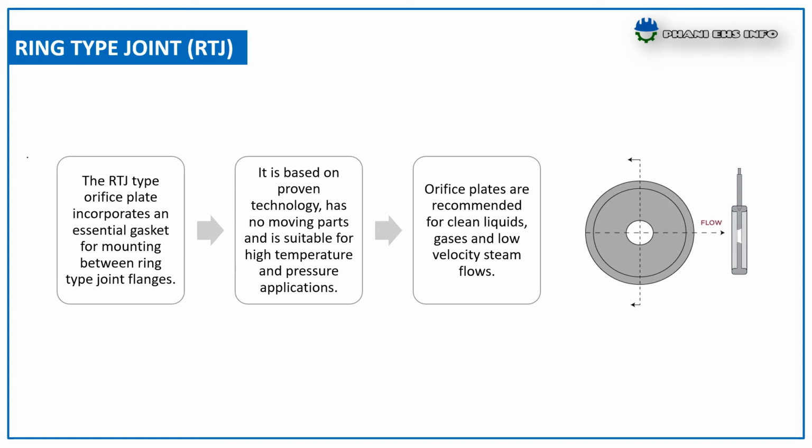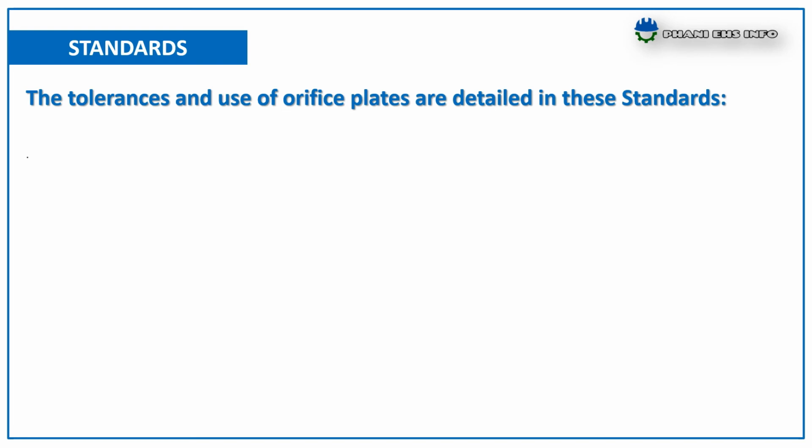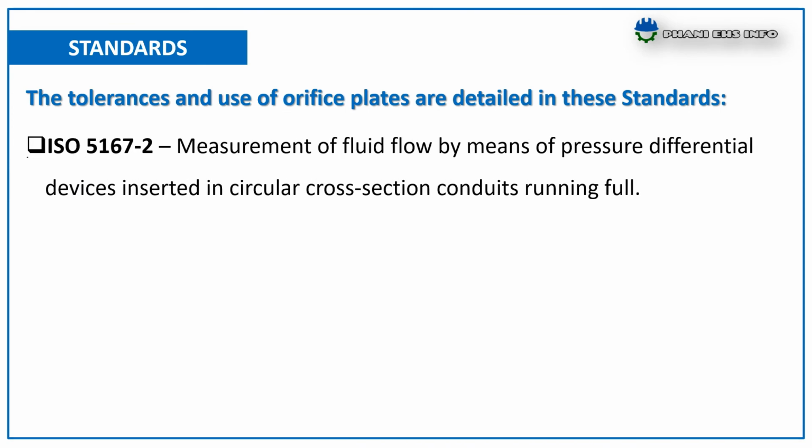The standards of orifice plates. The tolerance and use of orifice plates are detailed in the following standards: ISO 5167-2, measurement of fluid flow by means of pressure differential devices inserted in circular cross section conduits running full.